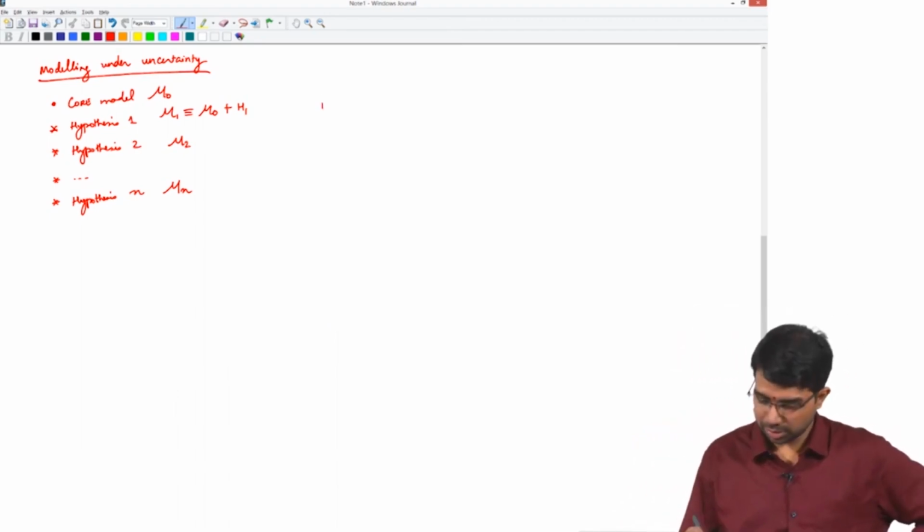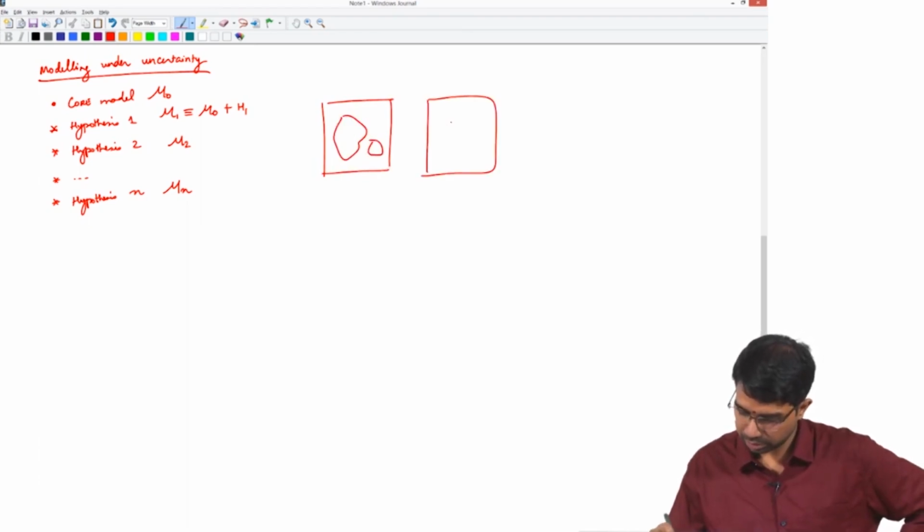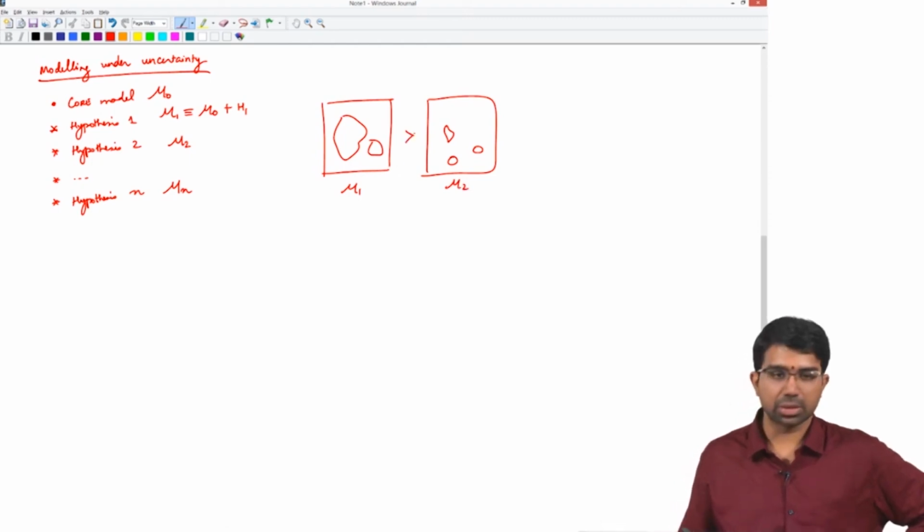So, this goes back to something that we have seen multiple times. If this is M1 and this is M2, you would say this is a better model.